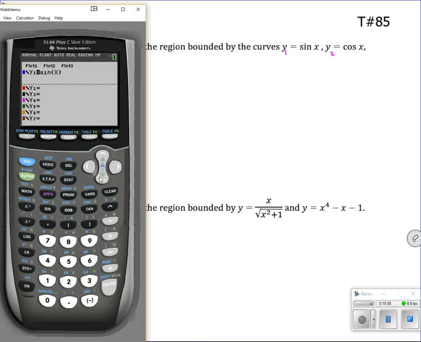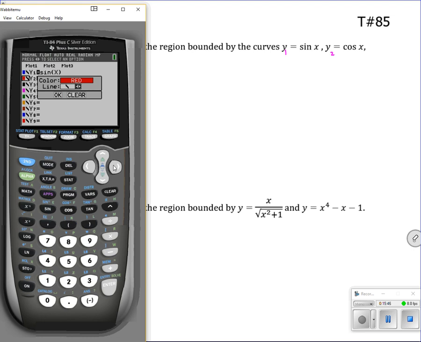Now, I have a really cool calculator that you can do colors on. I understand that if you're using my calculator on the test, you won't have that. So I want to show you something that you can do. I'm not sure if it'll do it on this one because of the color, but if you arrow over to this thing and hit enter, yours is not going to have a color, but you're going to be able to change this into different things.